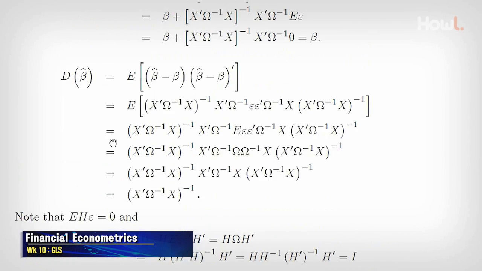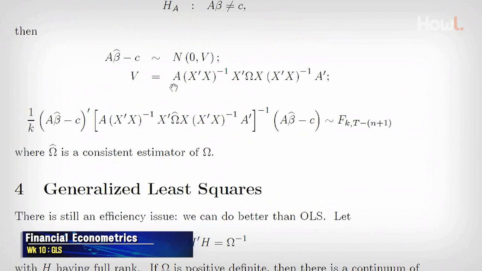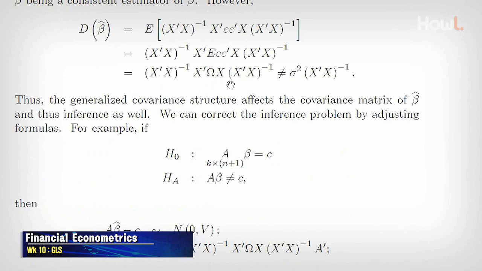To show this, we compare the variance covariance matrix of this one and this one. I will show it mathematically. Simply, this is the variance covariance matrix of beta from the OLS regression.